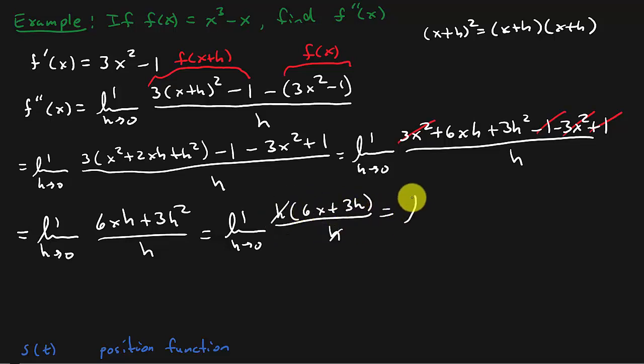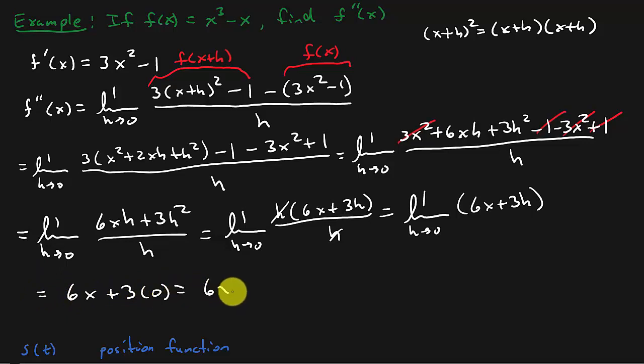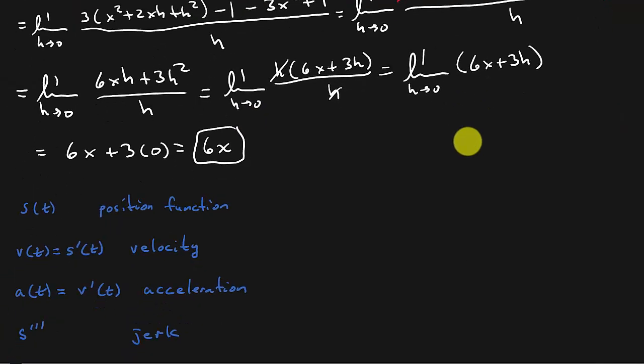Look at that, the h's cancel. So the limit as h goes to 0 of 6x plus 3h. Now I can plug the 0 in for h. So that's 6x plus 3 times 0, which is 6x. And that is the second derivative. I'm hoping all this is making sense for you.